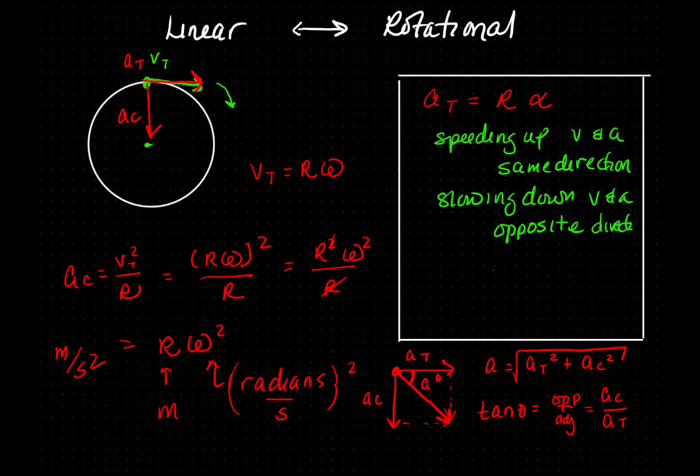So in rotational motion, there are two types of acceleration. Tangential acceleration, which is radius times angular acceleration, and centripetal acceleration, which is radius times angular velocity squared. To find the net acceleration, we need to use Pythagorean theorem and solve the direction using tangent theta.